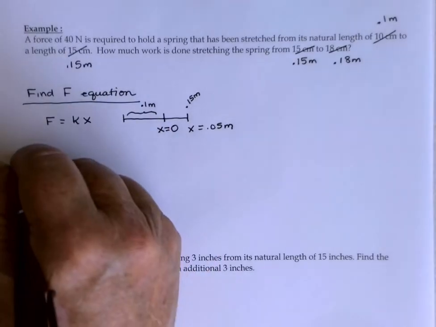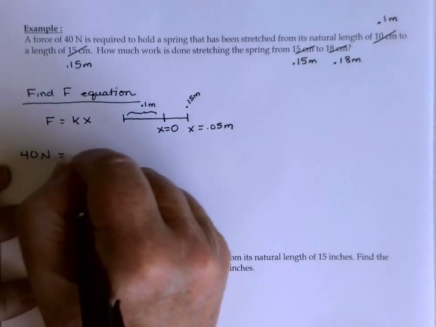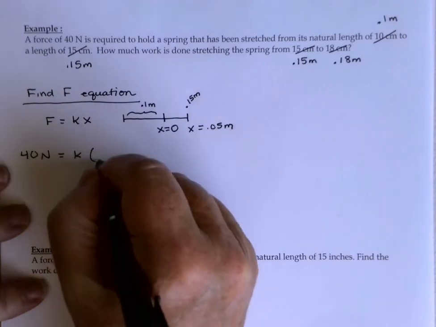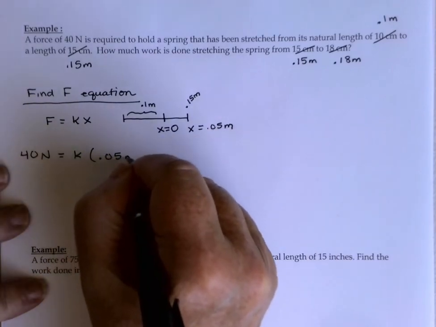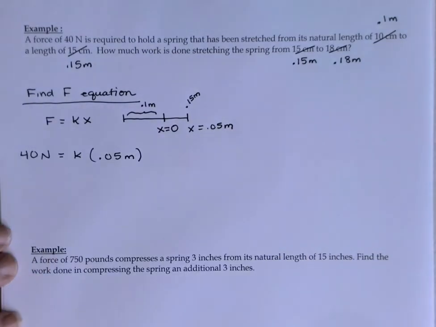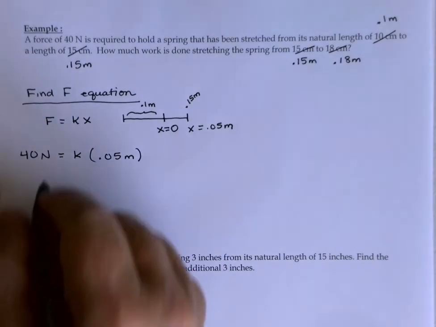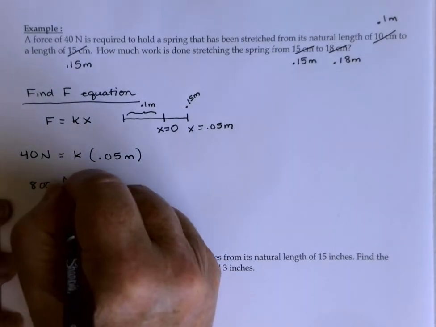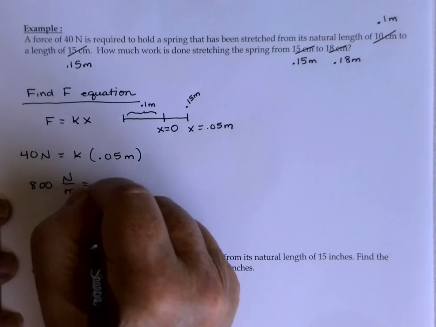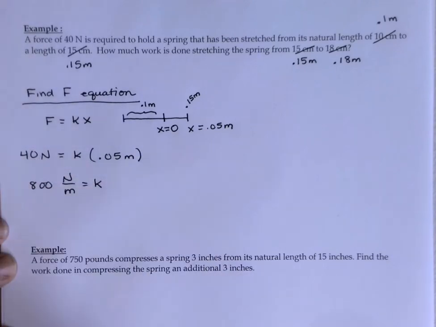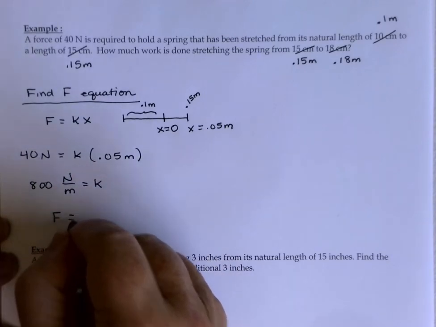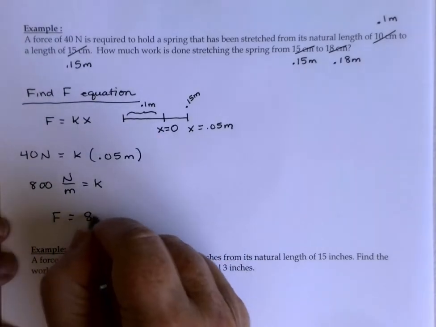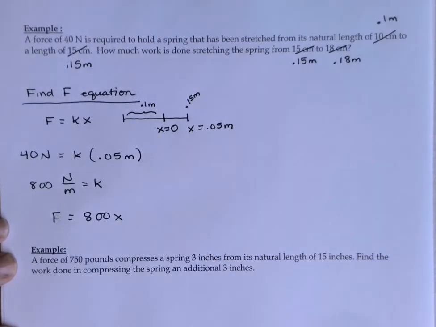The 40 newtons equals k times that stretch of 0.05 meters. Dividing, I get 800, and again, units would be newtons over meters. So my force equation is actually F equals kx, F equals 800x.